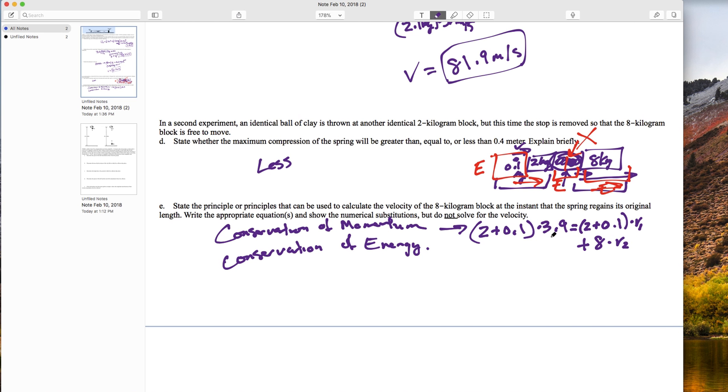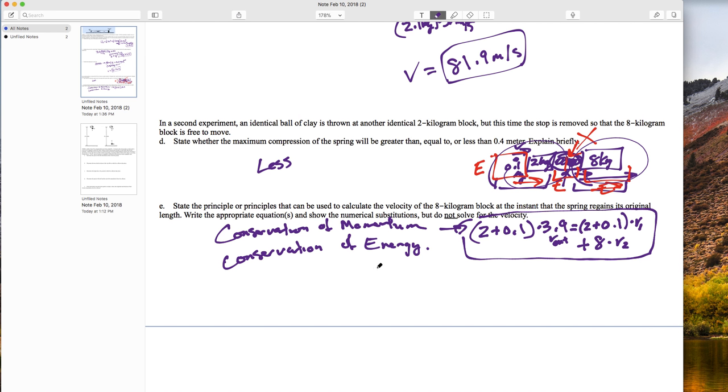So if this is V out, and this is V1, this is V2, or this could be V1, V2, and V3, but we have this system of conservation where the momentum going in has to equal the momentum split up amongst the clay block system and the big block system.